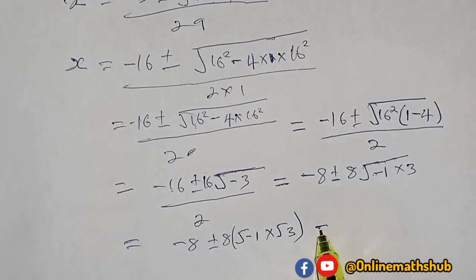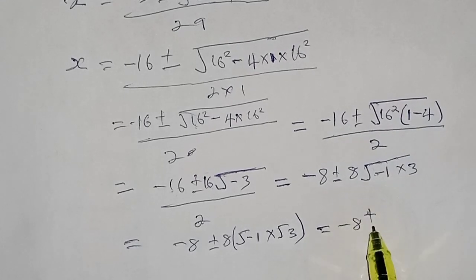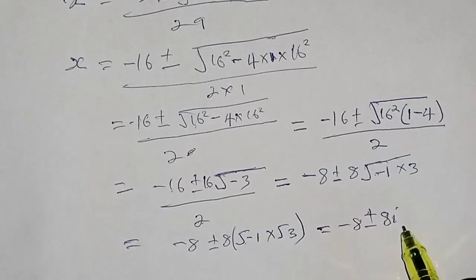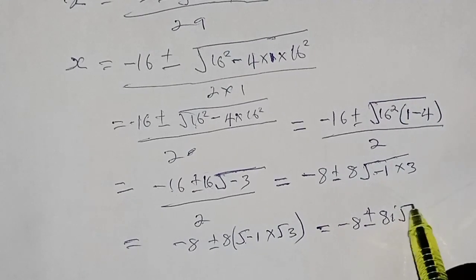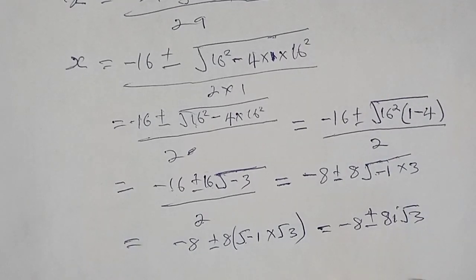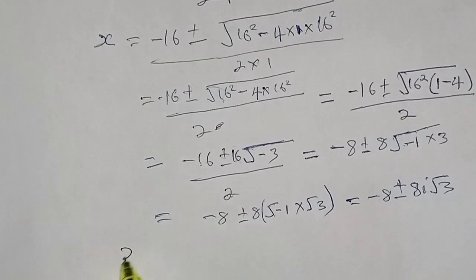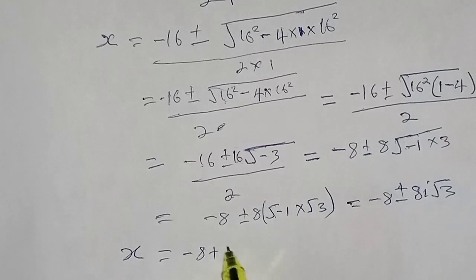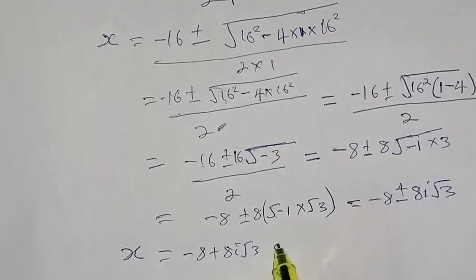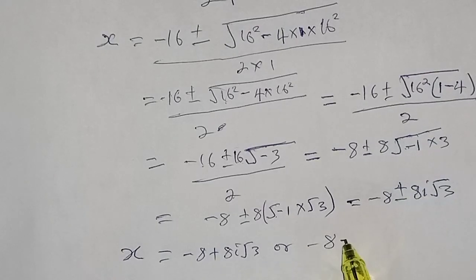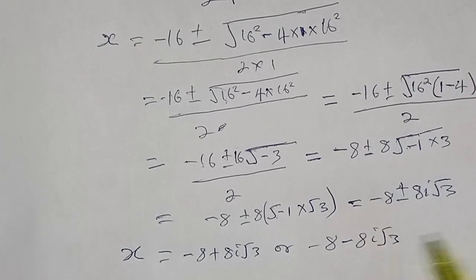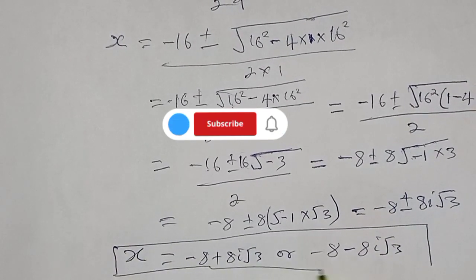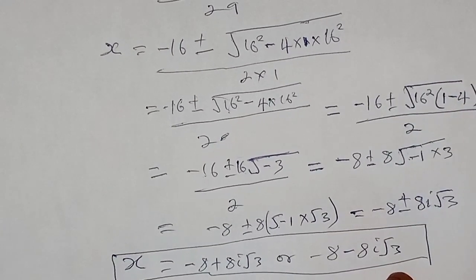And then finally, my answer becomes minus 8 plus or minus 8, and root minus 1 is actually i, times root 3 right there. So the remaining two values of x are now minus 8 plus 8i root 3, or minus 8 minus 8i root 3.